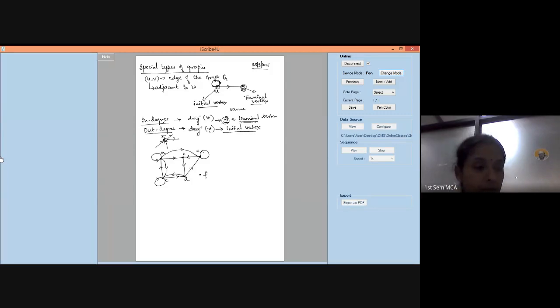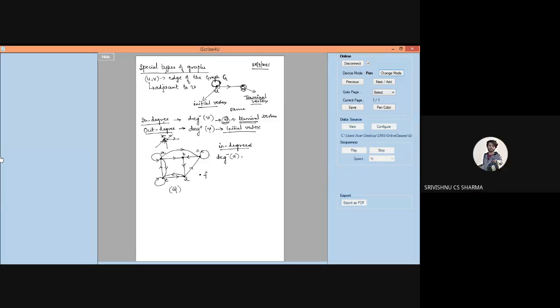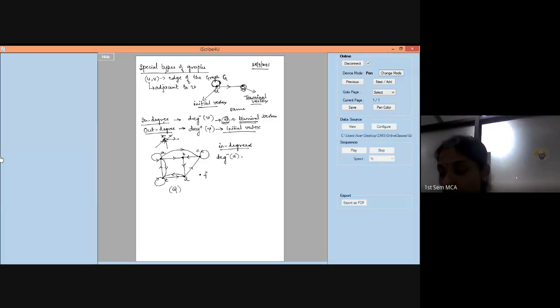Now, can we find out the in degrees of all the vertices in this particular graph G? Let us first find out the in degrees of the vertices. How do we represent in degree? Degree, then a minus sign, and let's take up A. You tell me how many edges are coming into A. That is your in degree.